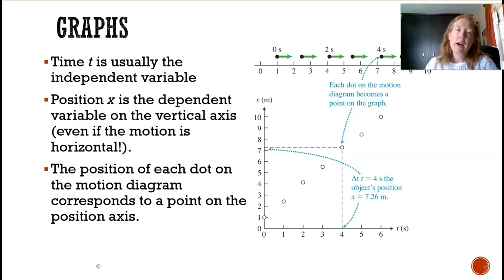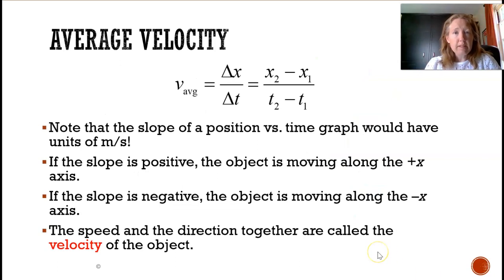But it's putting it on the y-axis. Okay, but we have time as our independent variable. So that makes a lot of sense though, because then you can see as a function of time, where is this object? Okay, so then when we do that, if we get the slope of the line, that's telling us how fast the thing is going. Okay, and we all know how to do slope, so that's really useful.